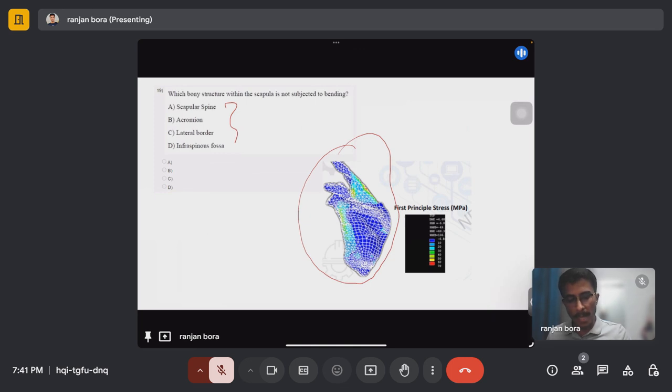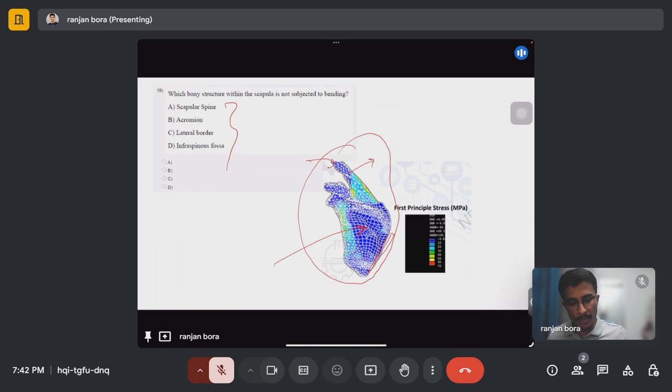So scapular spine is here. This is the scapular spine. And acromion is somewhere here. Acromion. And lateral border is this side. This side is the lateral border. And infraspinous fossa is this region, the blue colored region.